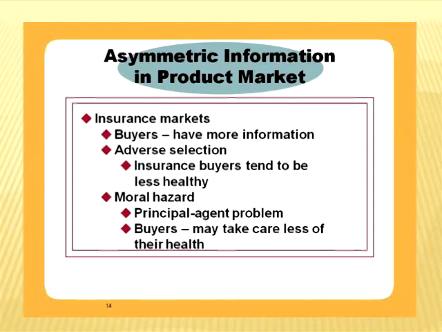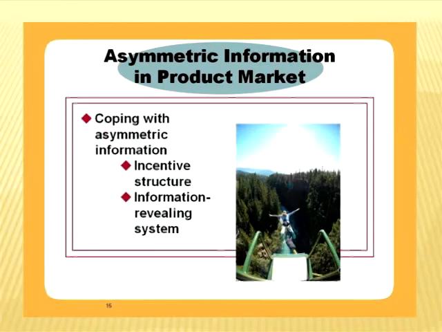Once you're covered by the health insurance, you have no reason at this point to take care of your health because as far as you're concerned, the price has already been paid. And so once again, we have a principal agent problem. This is an example where the buyer has more information and thus is at an advantage.